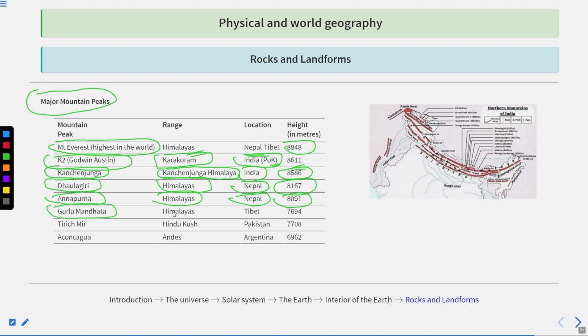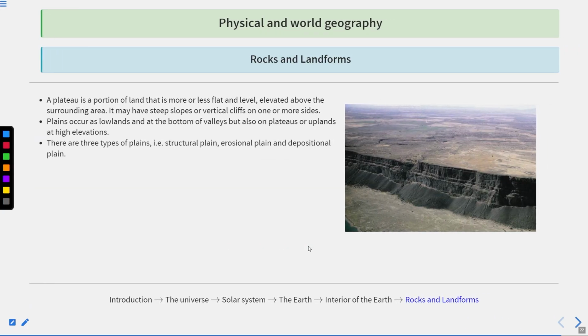Gurla Mandhata, Himalayas, location is Tibet, 7,694. Tirich Mir, Hindu Kush, Pakistan, 7,708 meters. Aconcagua, Andes, Argentina, 6,962 meters high.